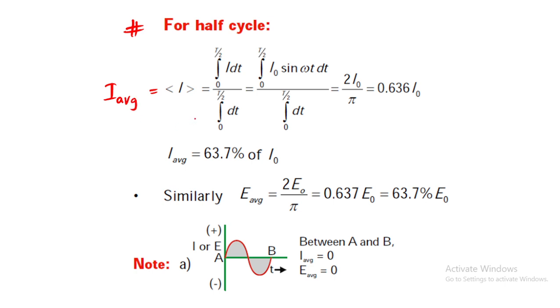I average for half cycle is the integral from 0 to T by 2 of I dt, I naught sin omega t dt, and if you integrate, the answer will be 2 I naught by pi. Now 2 by pi means how much here? 0.636. Means average is how much here? 63.7 percent of peak value. Note down. Similarly, EMF average is also the same thing.